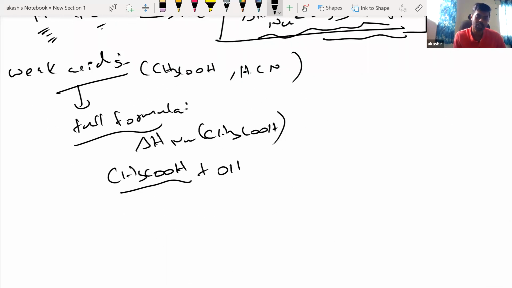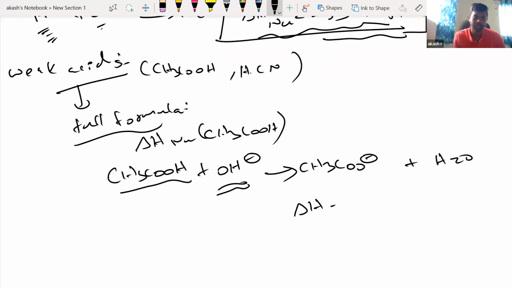So that is going to react with OH minus, forming CH3COO minus, and whatever the counter cation is, Na for example, will come here. Obviously the side product is going to be H2O, and the enthalpy for this reaction is some value X. This is how we represent enthalpy of neutralization.